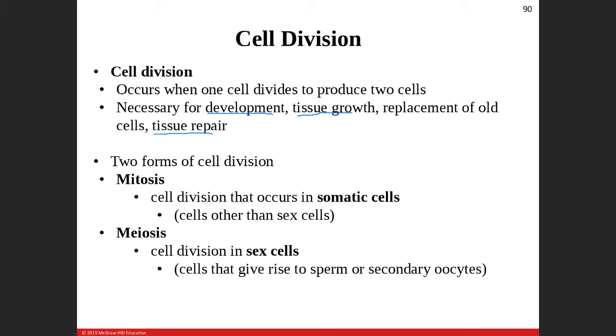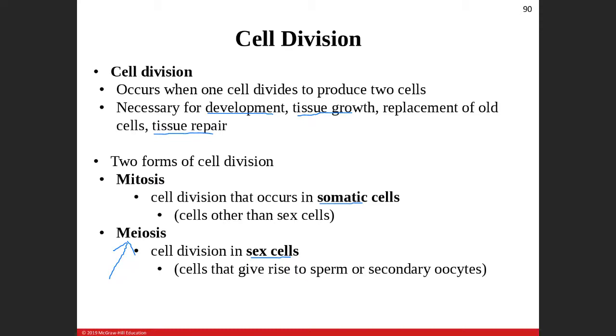So there's two types. It's real easy. I always tell folks, start with the second one, meiosis. Meiosis is the division of our sex cells. So when we talk about sperm and when we talk about the oocytes or the eggs, that's meiosis. And then mitosis is all other cells, which we refer to as somatic cells.